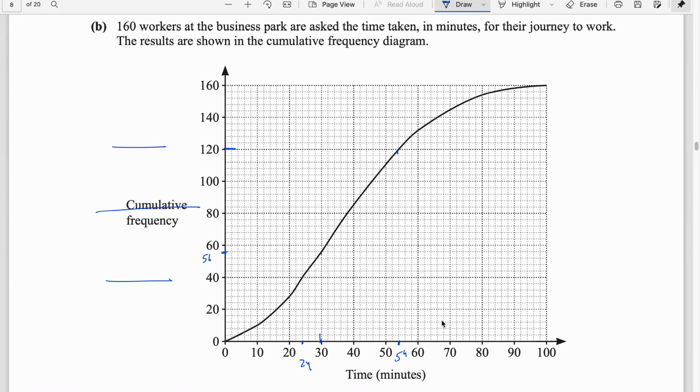The percentage of workers whose journey took longer than 1 hour. So longer than 1 hour, 1 hour is 60 minutes. When we go against it, we see that we have 120, and these were 4 each. 120 plus 3 times 4 is 12, that is 132. So these are the workers who are taking longer than 1 hour.